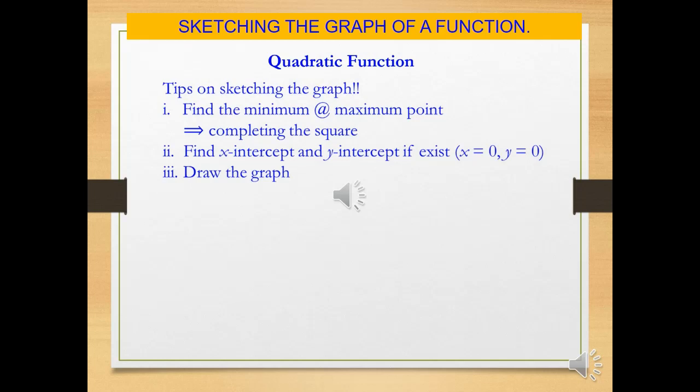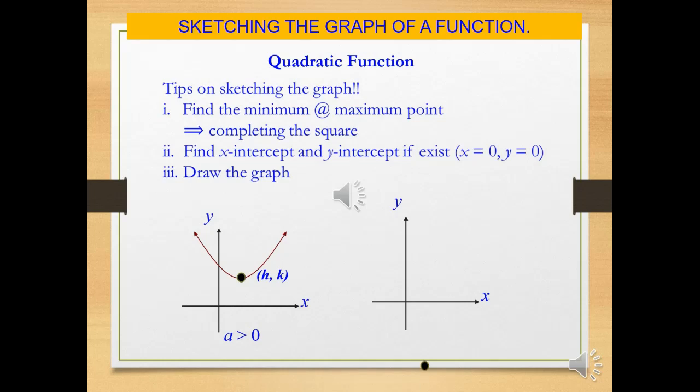Next, draw the graph. For example, for a greater than 0, it is a smile graph. It has the minimum point and it happens at (h, k).